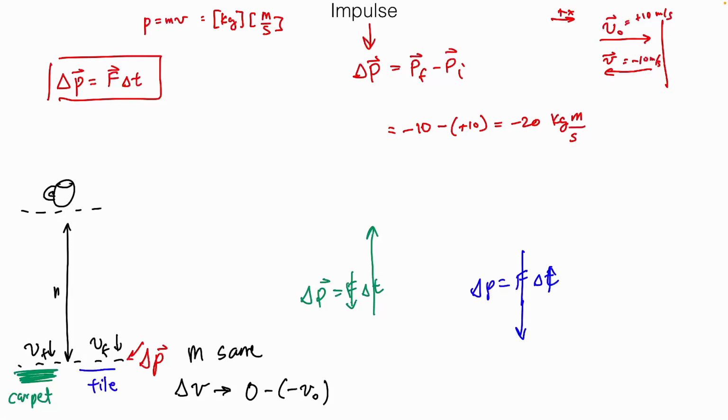Not at all. What's the impact? It's the force. And that force is determined not by the impulse. I mean, numerically it is, but mostly it's determined by the amount of time that it takes for the impulse to happen, for the momentum to change.